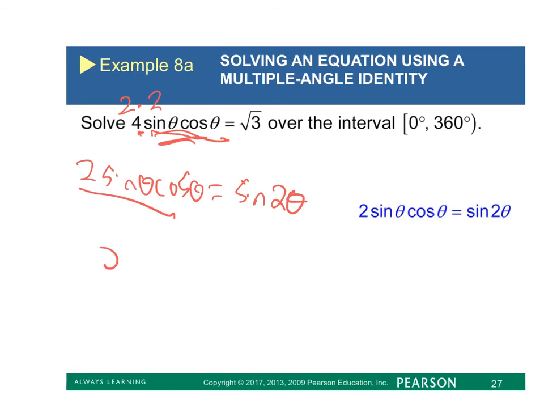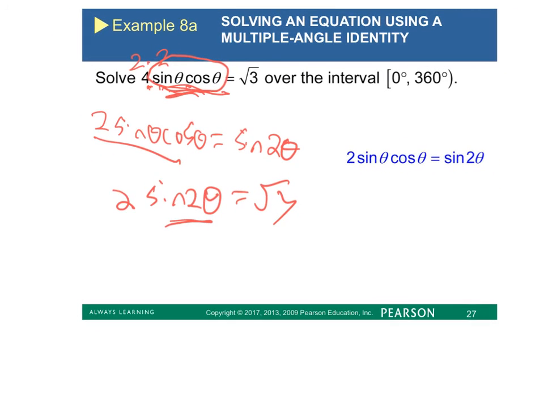So you have 2 times the sine of 2 theta equals the square root of 3. The reason I would want to use an identity is these two trig functions aren't the same. But by using the double angle identity, I don't have to worry about it. So how do I do this? Solve it for sine of 2 theta. Sine of 2 theta equals square root of 3 over 2.